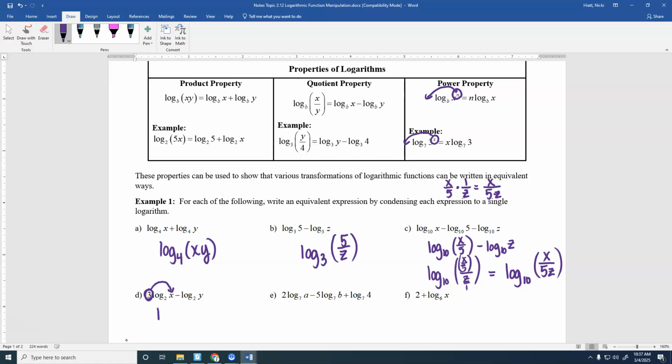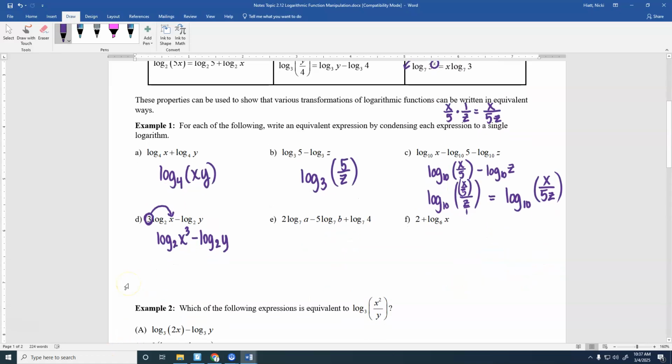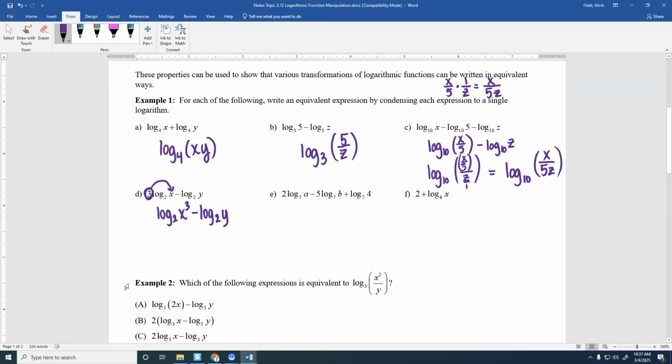So that's your power property. So we'll have log base 2 of x cubed minus log base 2 of y. And now I can combine those with division. So I'll have log base 2 of x to the third over y.